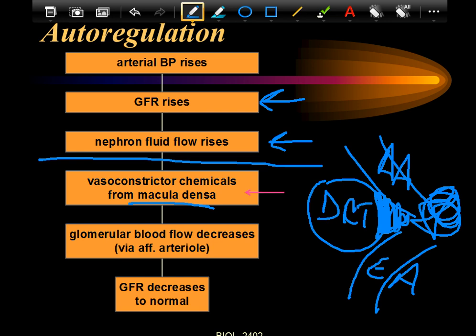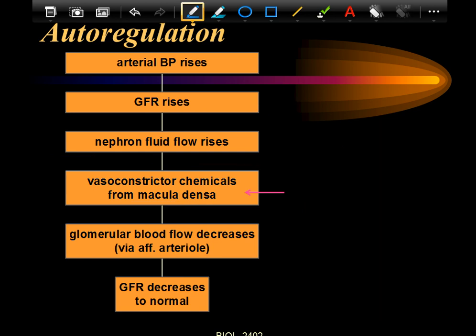It releases a chemical which causes the afferent arteriole to constrict, and that means you get less blood flow to the glomerulus. If you drop that blood flow, your GFR decreases, and therefore the kidneys won't be damaged by high blood pressure. Okay, are we good? Okay, next.